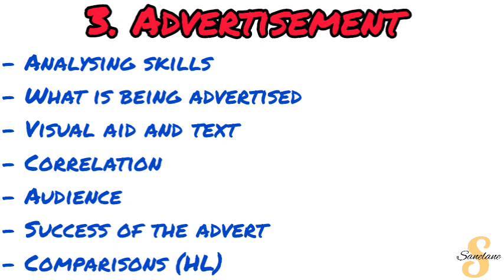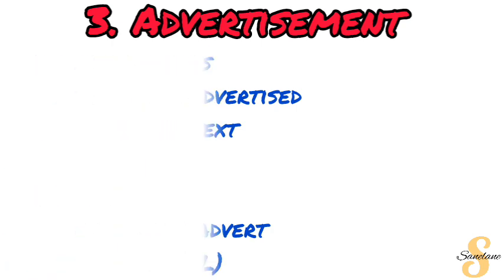You are analyzing everything up until and including the success of the advert itself. Will it be able to reach who they need it to reach the way that they have made it? And then with home language, usually you can have two, so there will need to be a comparison.